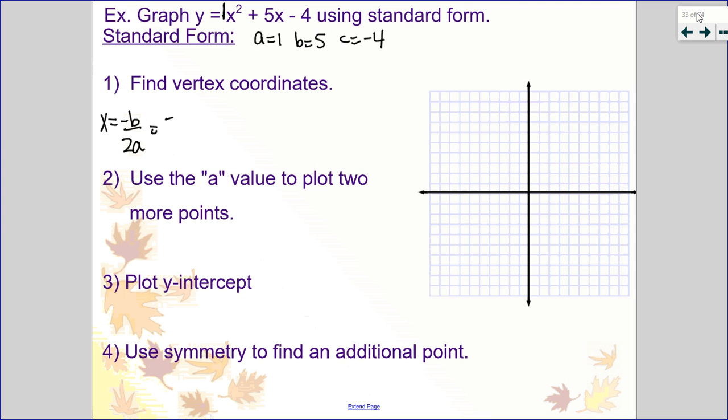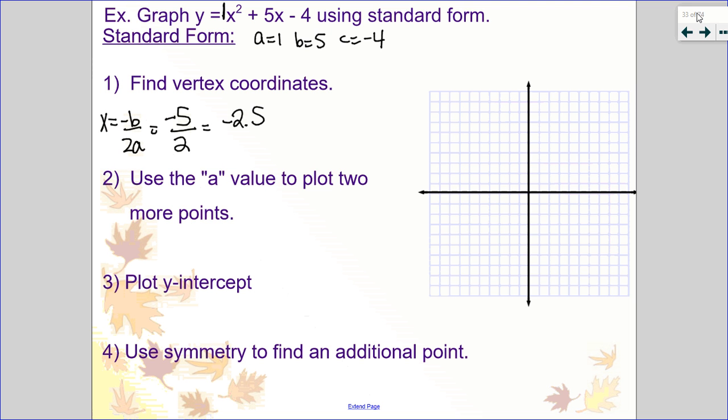So -b is -5 over 2 times 1, which is 2. So the coordinates of my vertex are going to be at -2.5. It might be better to write that as an actual decimal so you can more easily find it on the xy plane. So that's how you find the x value of the coordinates.